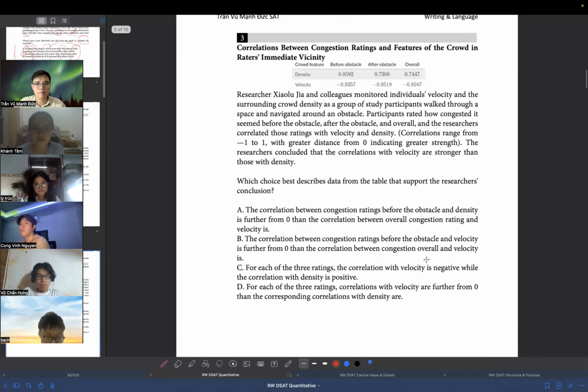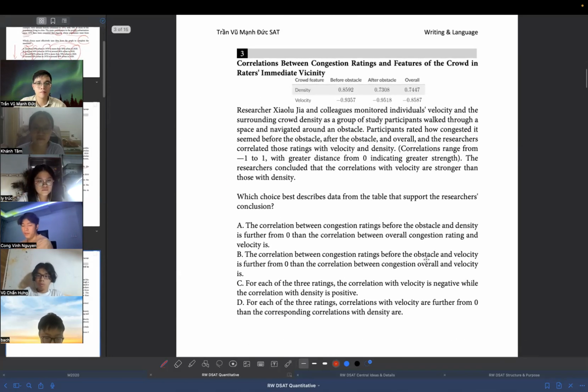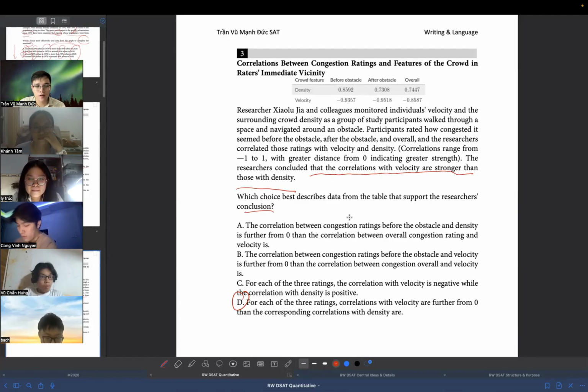3, Lina. I choose D. For each of the three ratings, correlations with velocities are further from zero. What is the conclusion? The conclusion is that the correlations with velocity are stronger than those with density. How can you find the correlation?